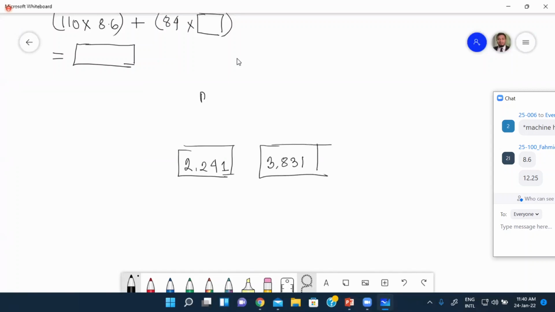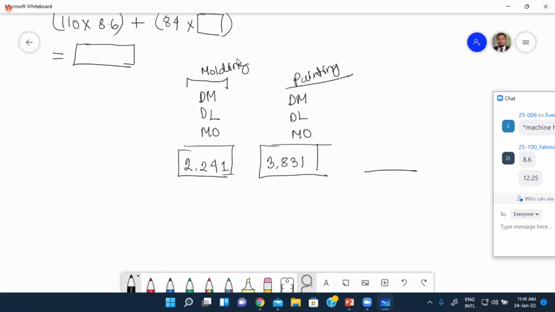What we are doing, we are adding the direct materials, the direct labor, and the manufacturing overhead here for the molding. And for the painting, the same: direct material, direct labor, manufacturing overhead.